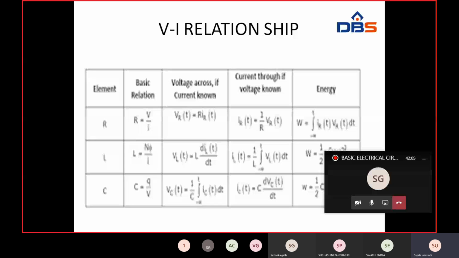To reduce the complexity of any network, we use Kirchhoff's law, star delta transformation, source transformation, or some theorems. Under these methods, we use Kirchhoff's law. But this is a very, very important topic.